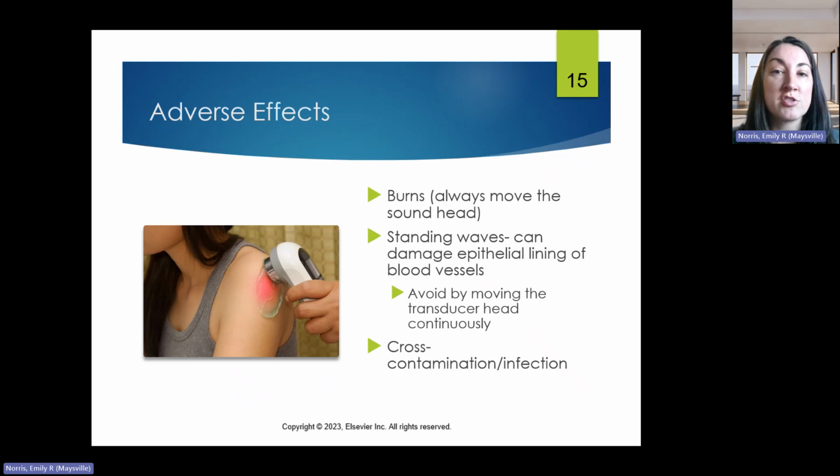You also want to be very cautious when you are applying ultrasound over some type of open wound, that you're using a very clean technique and not cross-contaminating or causing some type of infection. Although ultrasounds are typically indicated for healing of a wound, so you just want to be a little bit cautious with that.